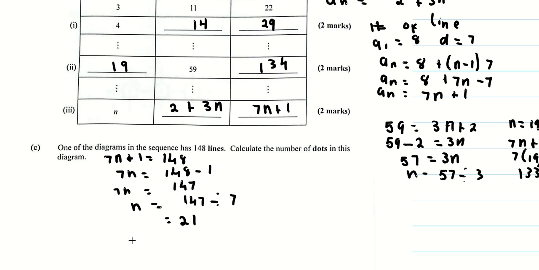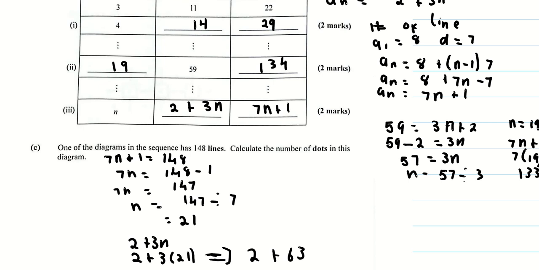If I want to find the number of dots, it is 2 plus 3n, which is 2 plus 3 by 21, which is 2 plus 63, which is equal to 65.